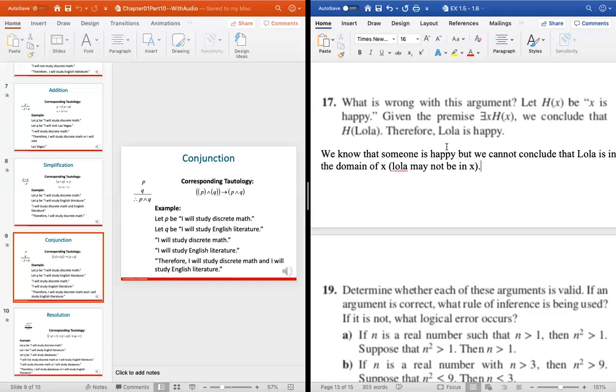Okay, so we were basing our conclusion on the wrong hypothesis, because we don't know the domain of x.